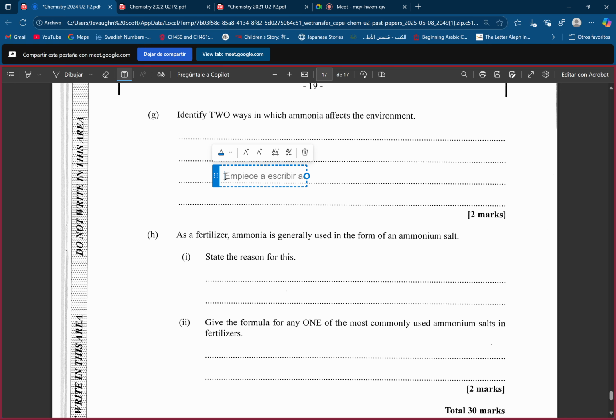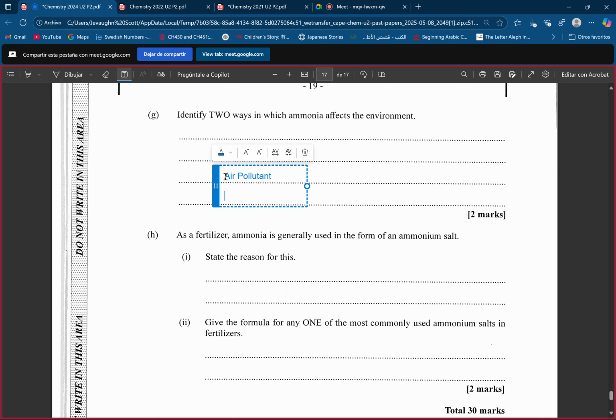That is a good point, but it won't necessarily fly for this question, right? That is a good point as it relates to risks, personal harm and stuff like that, handling it. So the risk you take. But it is an air pollutant, no? The nitrogen can be oxidized. Yes, it is true. That is true.